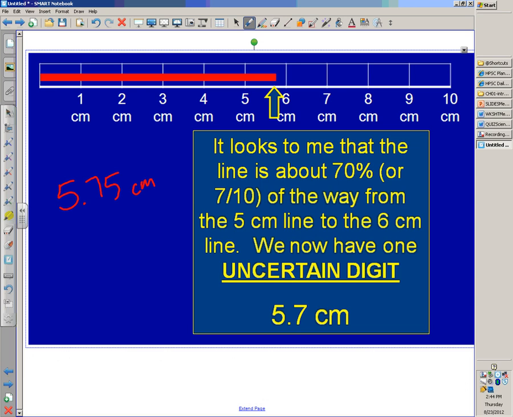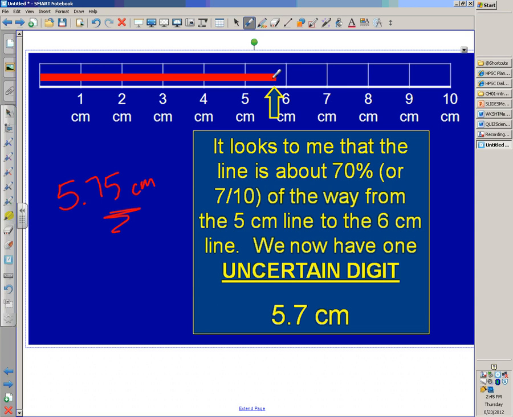Okay. Here's what I want you to do. I want you to take 15 seconds, and I want you to talk to the person in front of you, behind you, next to you, whatever. And I want you to discuss how come 5.75 is not an acceptable answer for the length of this red line that I'm showing you on the screen right now. 15 seconds.